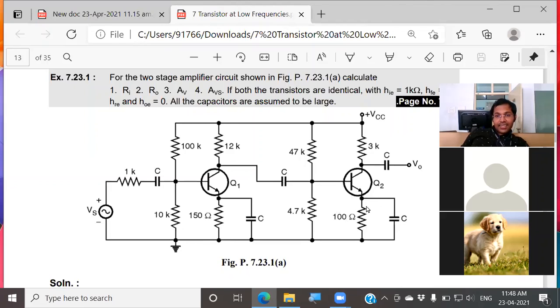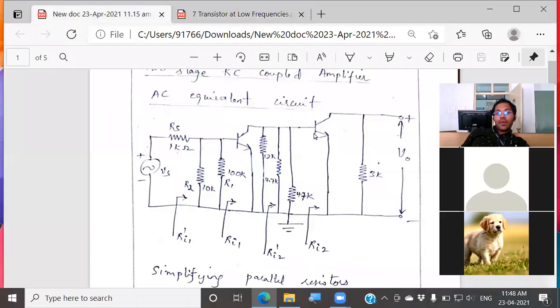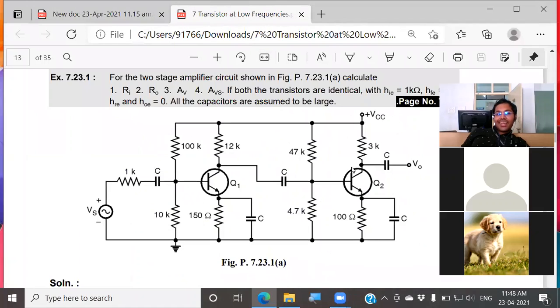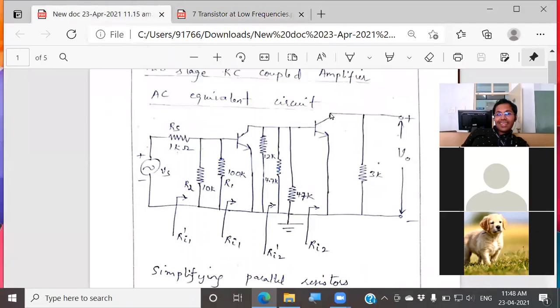Yes. The emitter I should directly connect to ground. So emitter directly grounded. What else is remaining? This one. Here I am taking output, so the collector I will directly take as output V0.